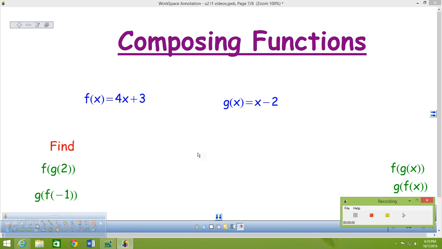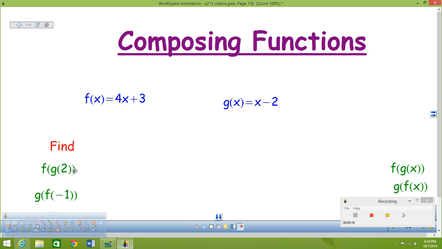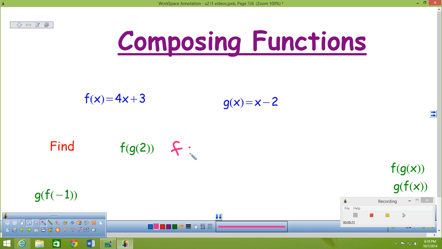Composing functions. When we are composing functions, we are going to be placing one function within another function. Starting out with some notation here. This right here, we say f of g of 2.